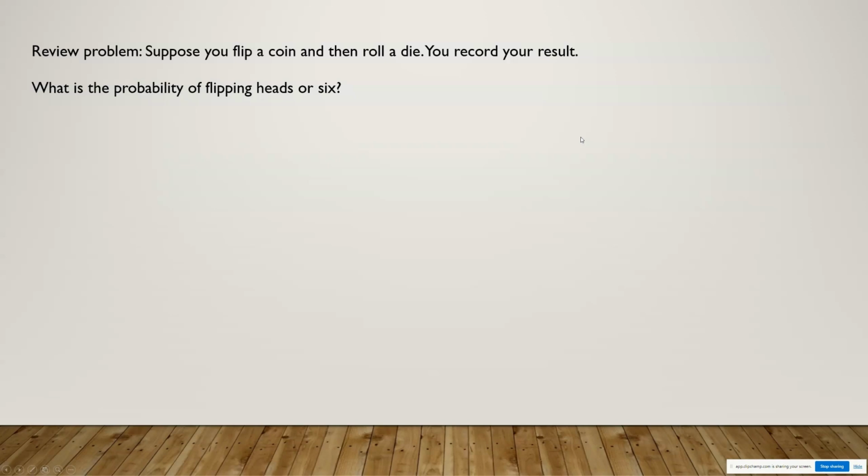So here's a problem. Suppose you flip a coin and then roll a die and you record your results. What is the probability of flipping heads or rolling a 6? Let's just start by writing the sample space for this.